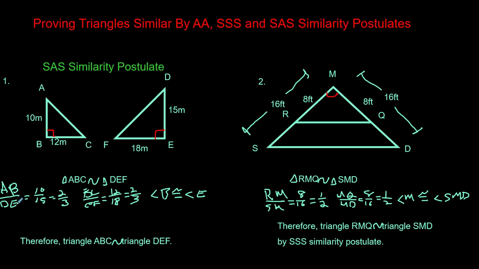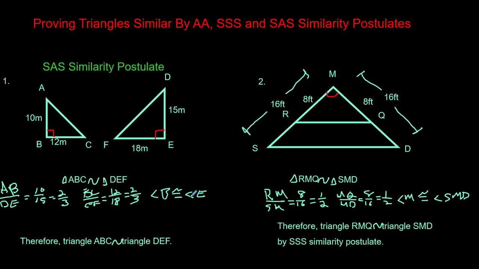So AB to DE, the corresponding sides, 10 to 15, once again, that's 2 to 3. Same thing for BC and EF, 2 to 3. And the included angle, the angle that's sandwiched between the sides, well, it's 90 degrees for both triangles. So we know that the angles are congruent, right?